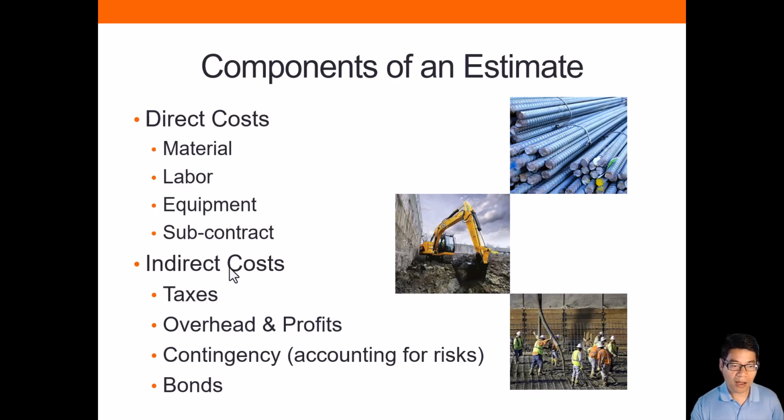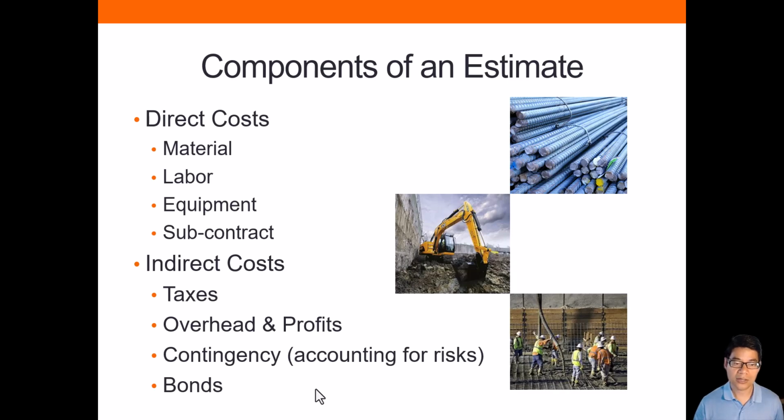For the indirect costs, we've got taxes, overhead and profit, contingency, and bonds. Those are less tangible. As long as you're running the business, very likely those things are going to happen to the organization. For example, you always have to pay taxes, and you have overhead and profits.